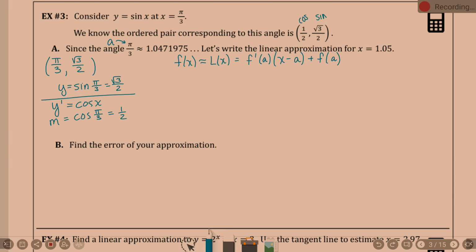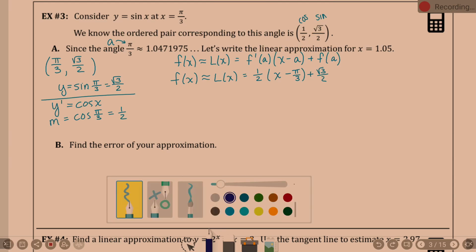So let's go ahead and write our equation here. The f of x, which is approximately equal to L of x, and whichever you want to put first, so slope, 1/2 times x minus our A value, minus pi over 3, and then plus our y value, which was square root of 3 over 2. That's your equation.